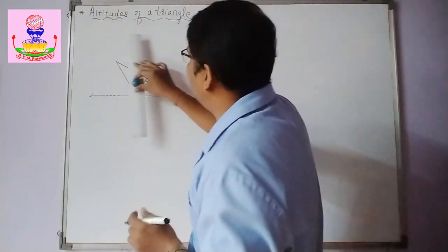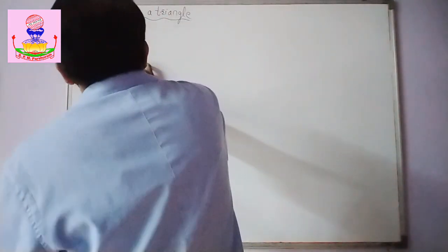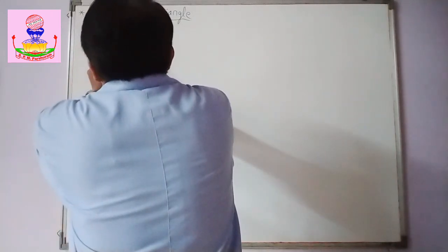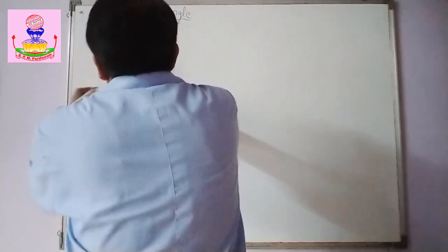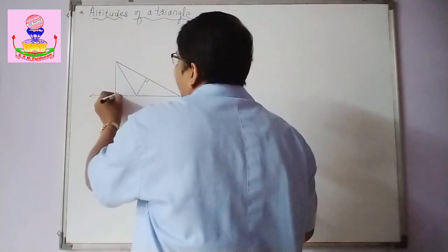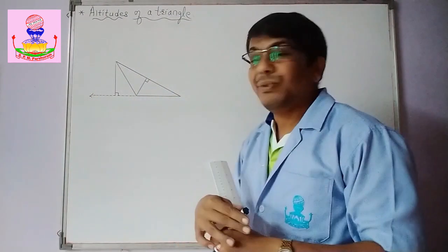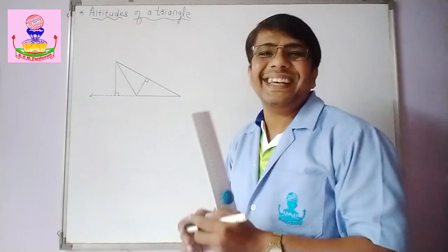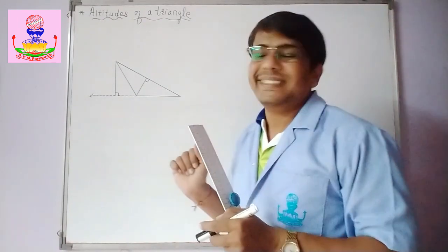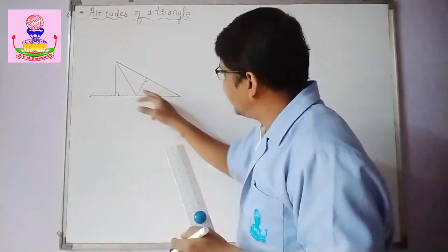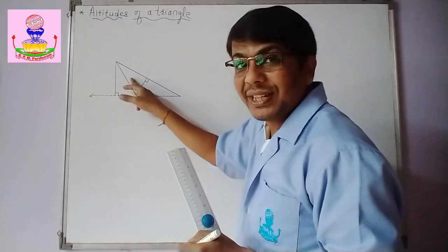Do you get it? So I have extended this side for the obtuse angle. And now I am going to draw the altitude. So here it is 90 degree. So where does it lie? Yes, in the exterior of the triangle, right?